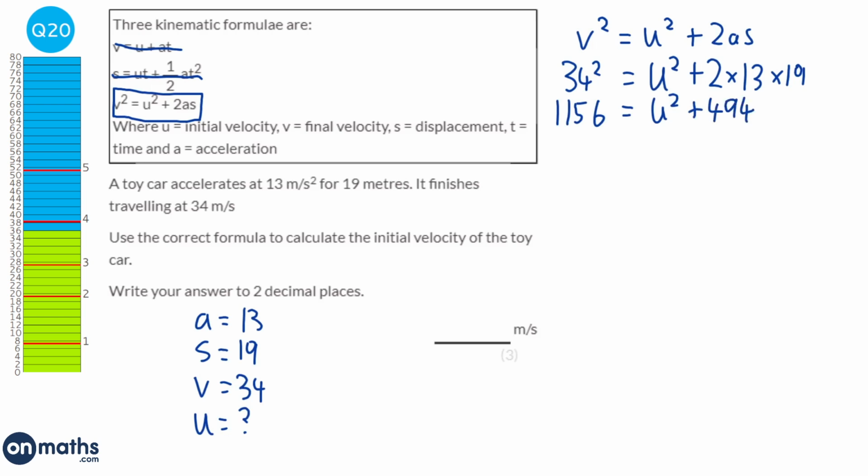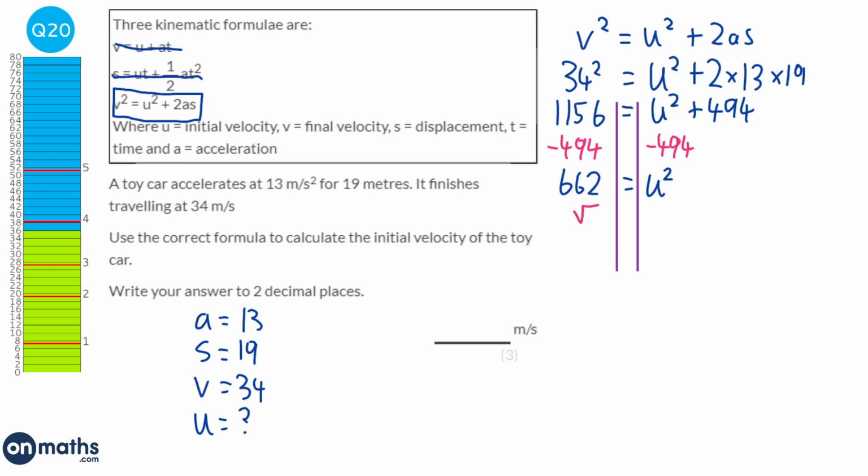And it turns into a solving part, so we're just going to solve this. So the first thing I'm going to do is subtract 494 from both sides. And so we're left with 662 equals u squared.